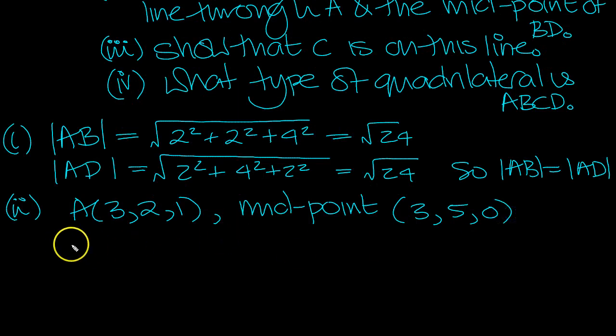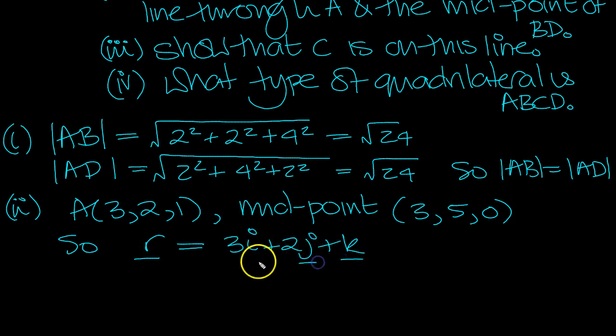So the line through this then, as a vector equation, is r equals A, 3i plus 2j plus k, plus lambda times 3 minus 3 is 0. And then 5 minus 2 is 3j rather.